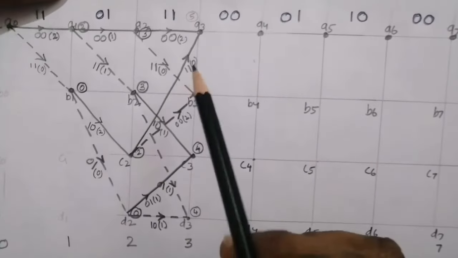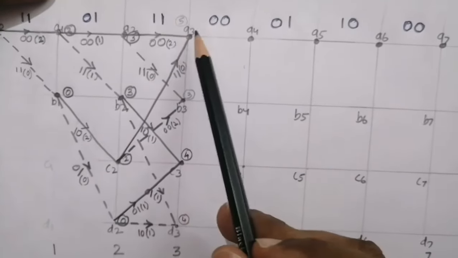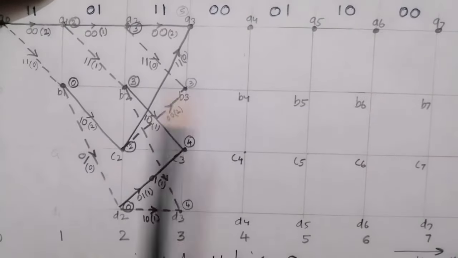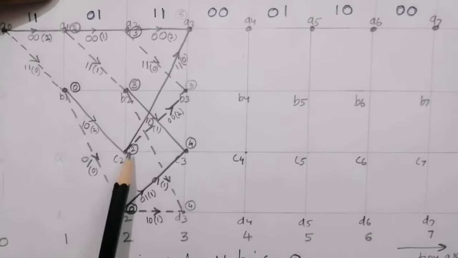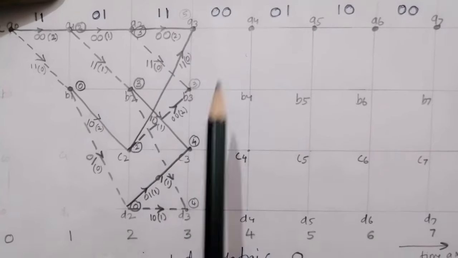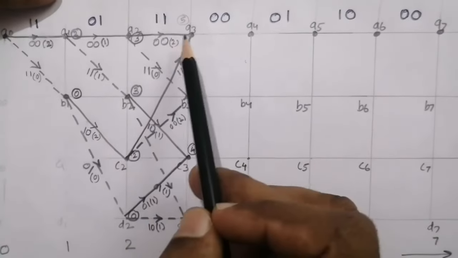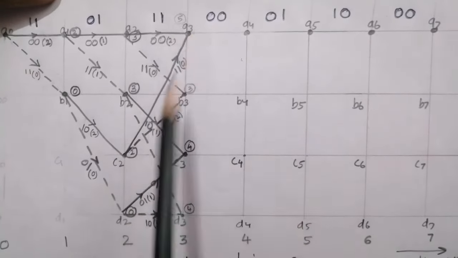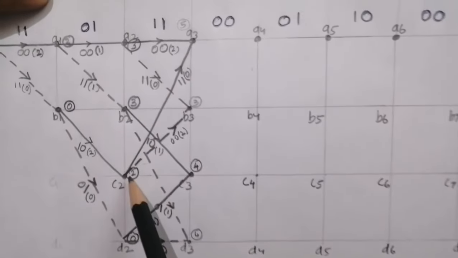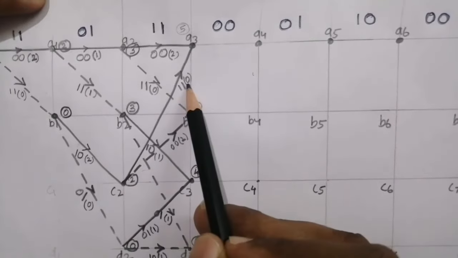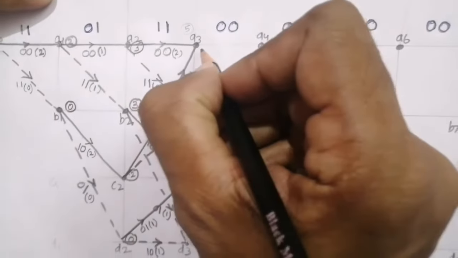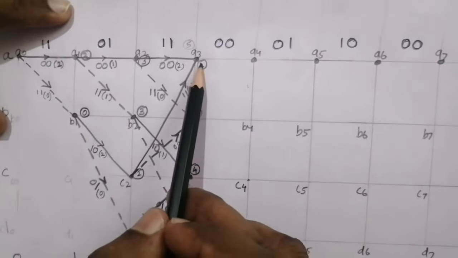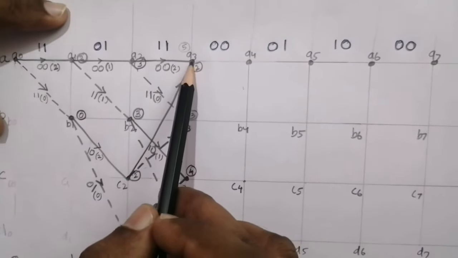We already calculated the node metric at A3, B3, C3 and D3 with one path. But now we have two paths. The node metric corresponding to the first path is 3 plus 2, that is 5. One more path is 2 plus 0, that is 2. So we have two node metrics at A3.